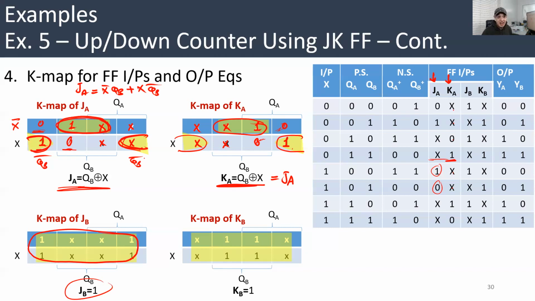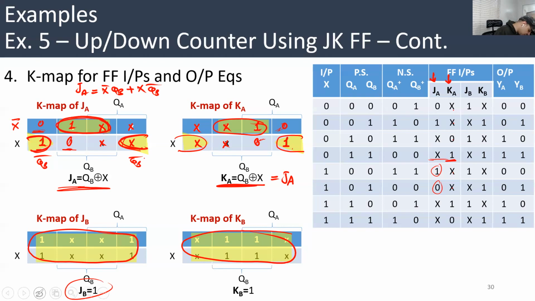In a real circuit, you just connect this input to VCC, the highest voltage in the circuit. That's it. And for KB, the same. Again, you can consider the X's here, don't cares, as ones, then KB will be 1. Just one group, and KB will be constant equal to 1. So we found that KA is equal to JA, and JB is equal to KB.